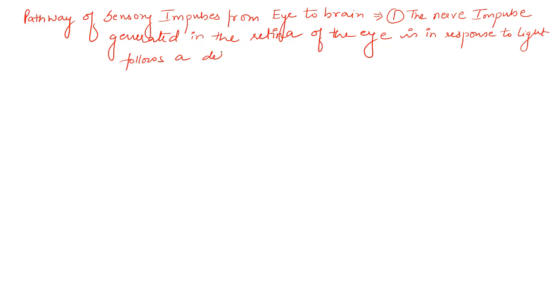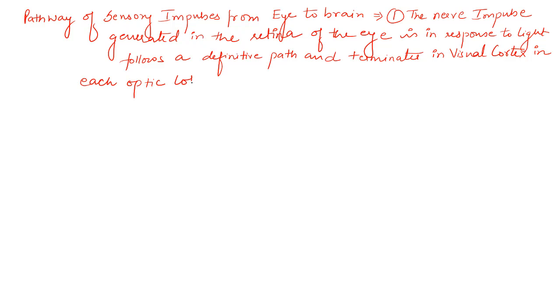They follow a definitive path and terminate in the visual cortex in each optic lobe, which acts as the primary visual center.